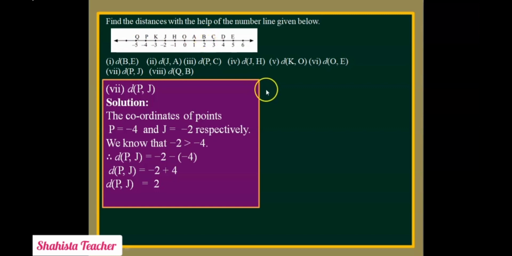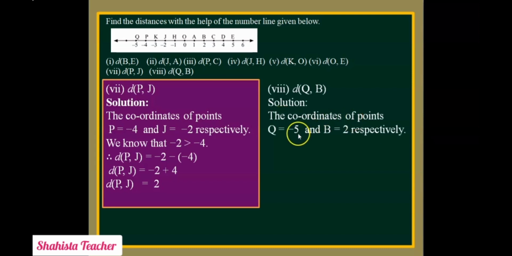So here we will write first distance bracket Q comma B bracket close. Now solution, the coordinate of point Q is equal to -5 and B is equal to 2.